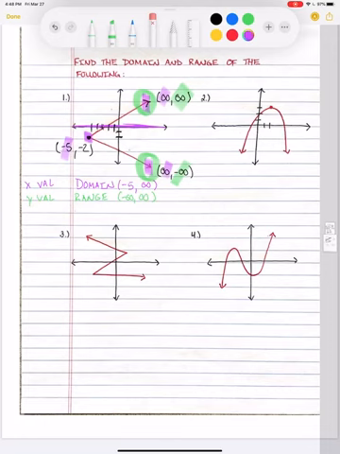For problem number 2, we have a parabola very similar to the first problem on the first page. This parabola has a point up at the top, and it has arrows at the bottom. I'm just going to go ahead and write down the coordinates. The coordinate of this point is at 2, 3.